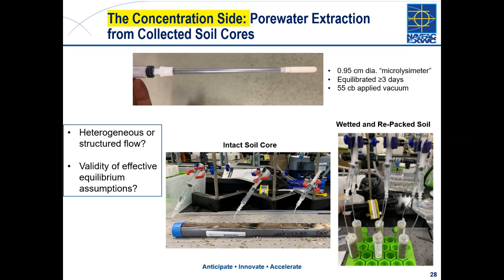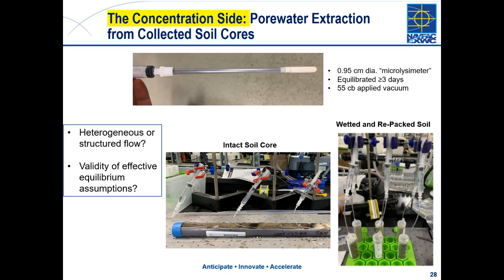They're just a miniature version of what we use in the field, and we can collect impacted soil cores or just collect soil and repack them and essentially extract a pore water sample in the lab. Again, this can be a very useful tool for validating what we're measuring in the field to show that we are collecting a representative sample, and it also addresses concerns with preferential flow and things like that.